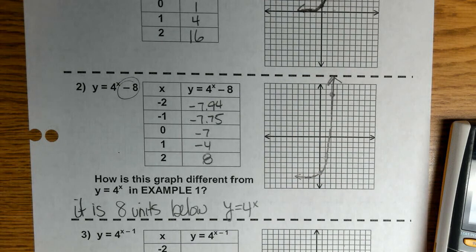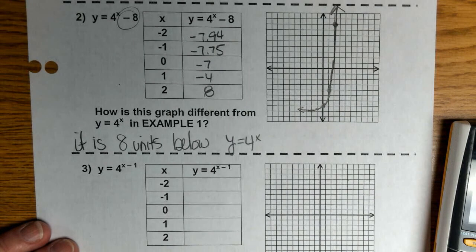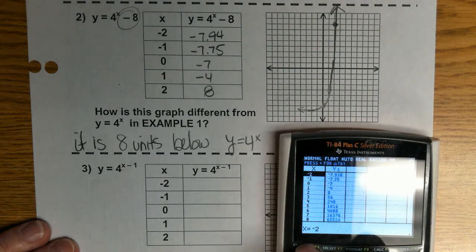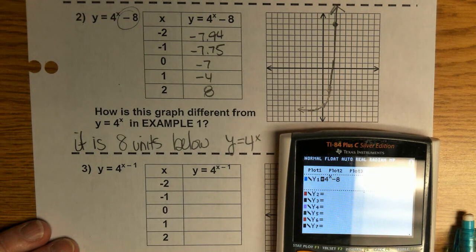Okay, so let's see what happens now. Anybody have a prediction? No predictions? Oh well, then I guess we'll find out. Y is equal to... Now, where is that negative sign?